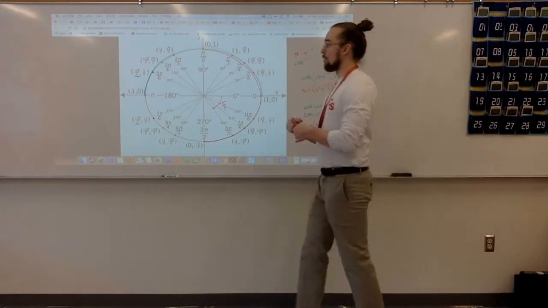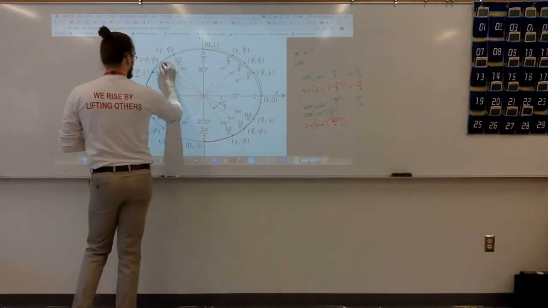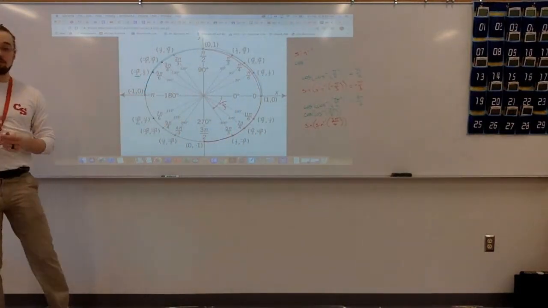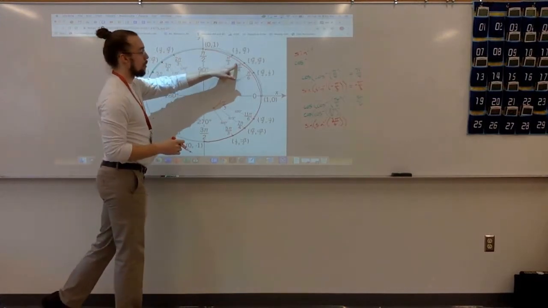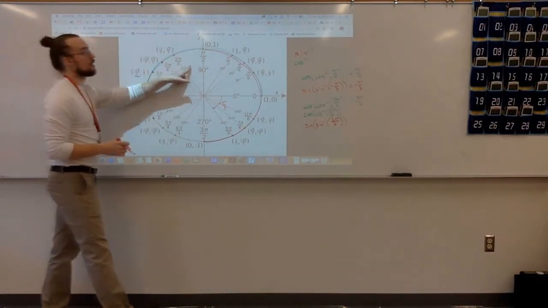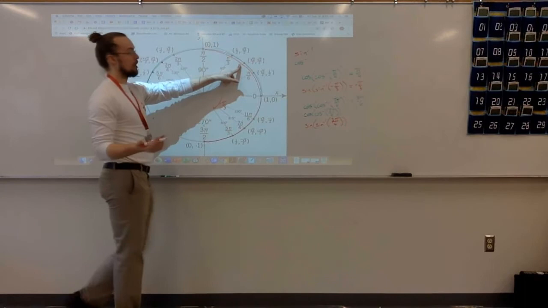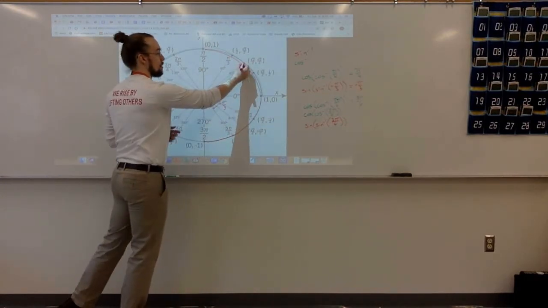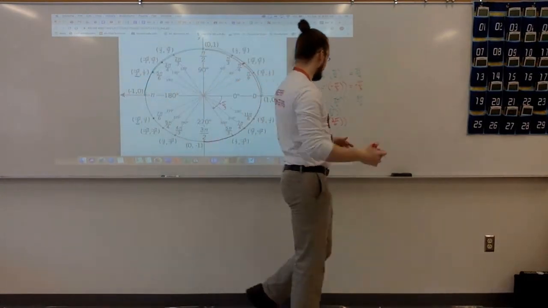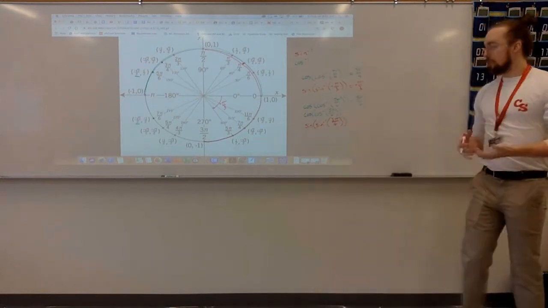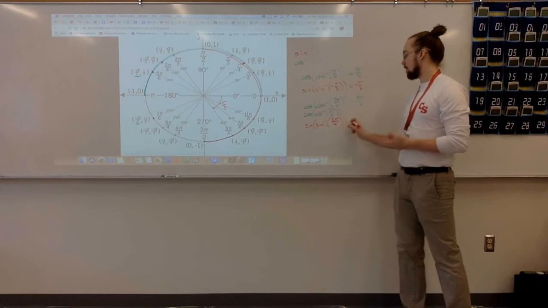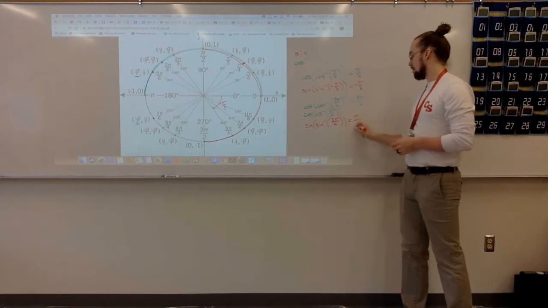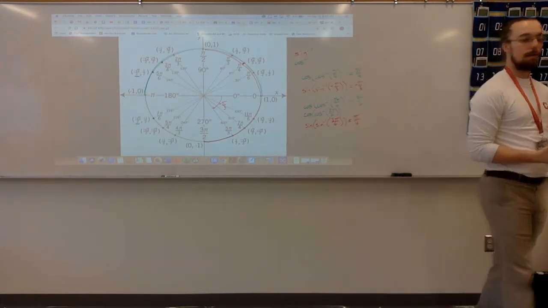But if I look at 3 pi over 4 on the unit circle, now we're talking about sine. Sine is a y value. So I want to look at the same y value. 3 pi over 4 and pi over 4 have the same y value. So I can say that sine of the inverse sine of 3 pi over 4 would be the same as pi over 4.